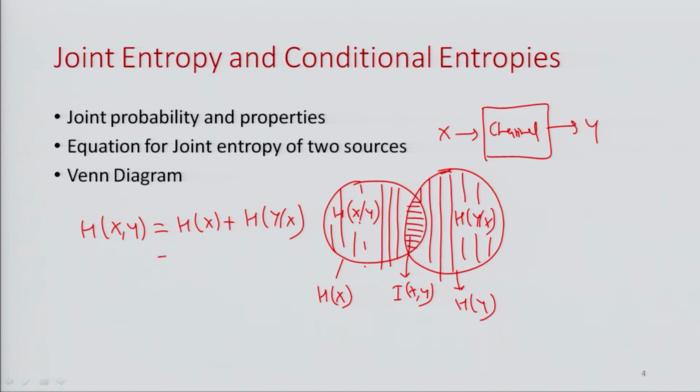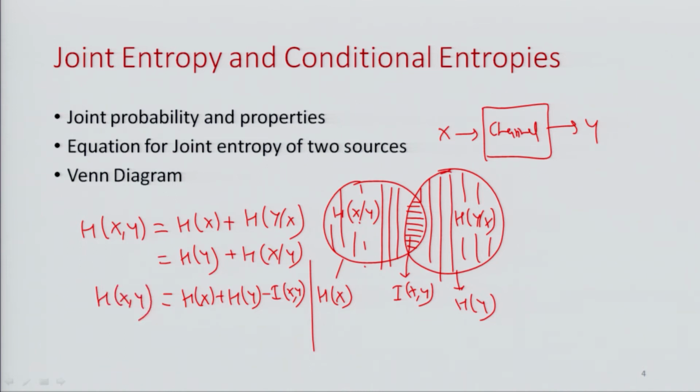Or suppose H(Y) is taken completely, and then the remaining part of H(X), that is H(X|Y). And in terms of I(X;Y), this is nothing but H(X) plus H(Y). Then this common part is taken 2 times, so one time it is reduced, and it becomes the joint entropy.